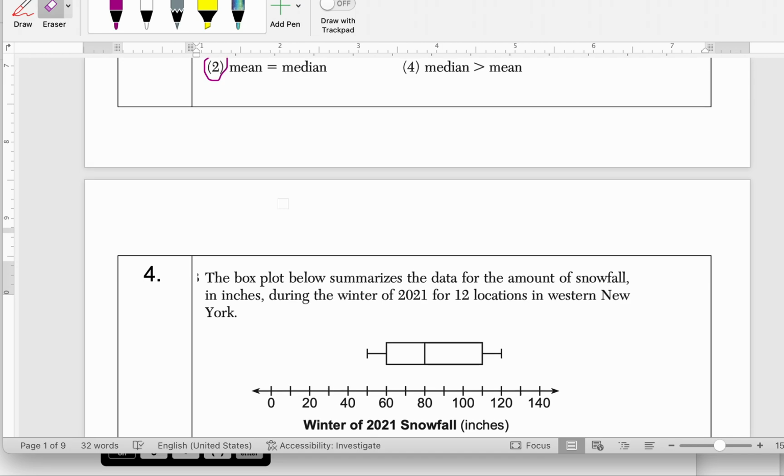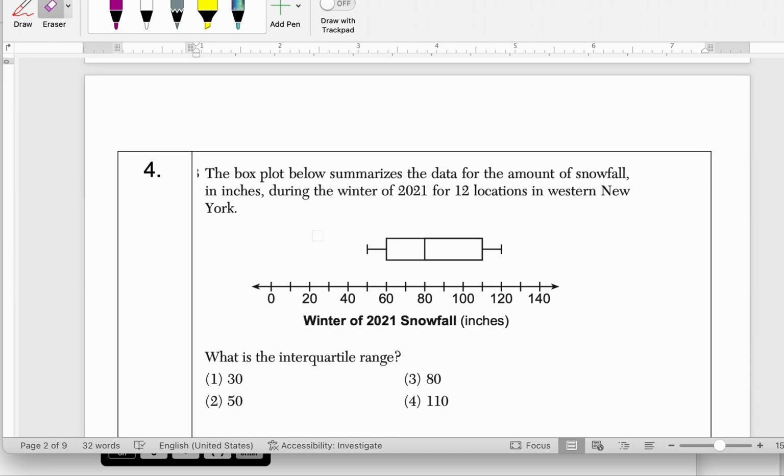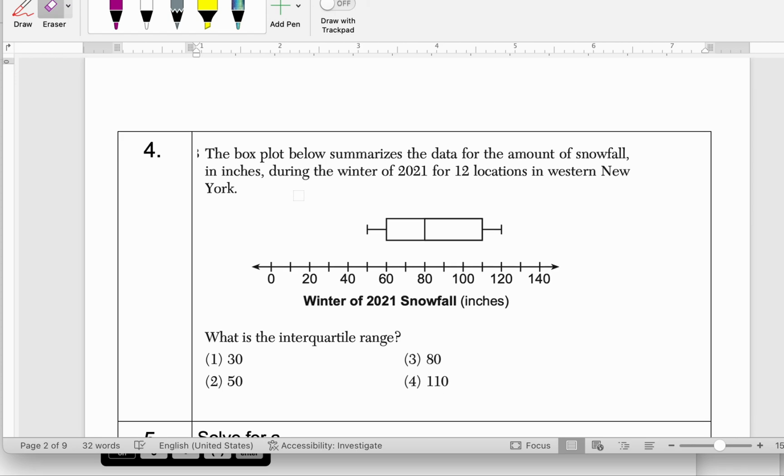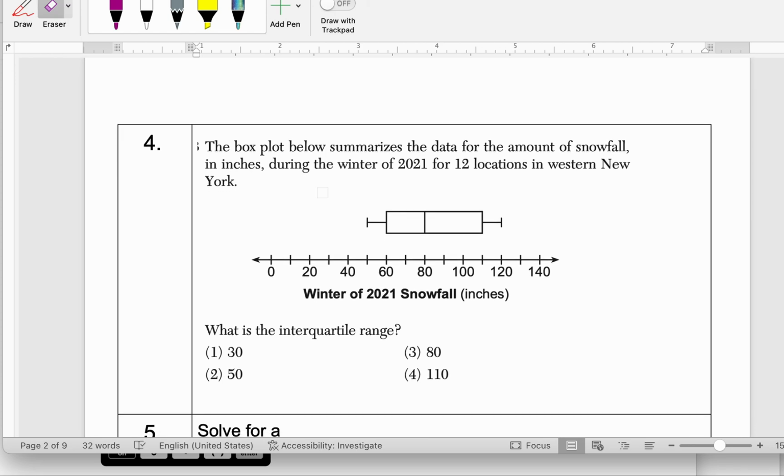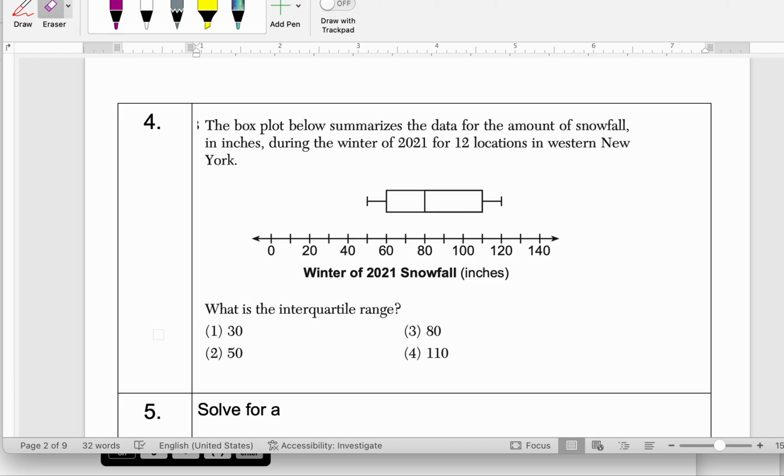Okay, let's take a look at number 4. The box plot below summarizes the data for the amount of snowfall in inches during the winter of 2021 for 12 locations in Western New York. What is the interquartile range? So we have here, in case you don't know, this is our beginning number.